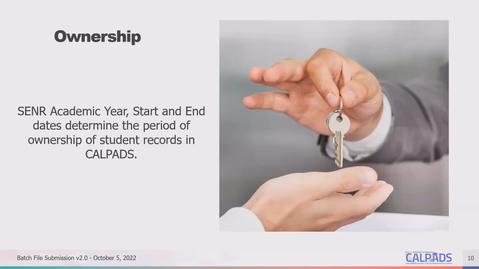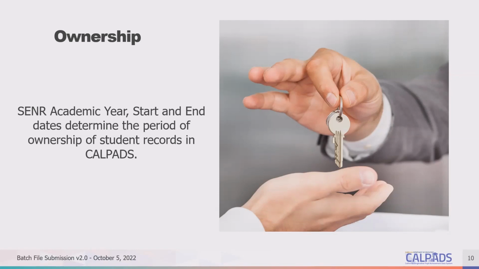Ownership. Ownership is a key concept in CALPADS. Ownership is generally gained through the student's enrollment record. The academic year, the start and the end dates in the student enrollment record determine the period of ownership for a student's record in your LEA. So if a student begins school, their enrollment record shows a school start date of 9/1/2022.